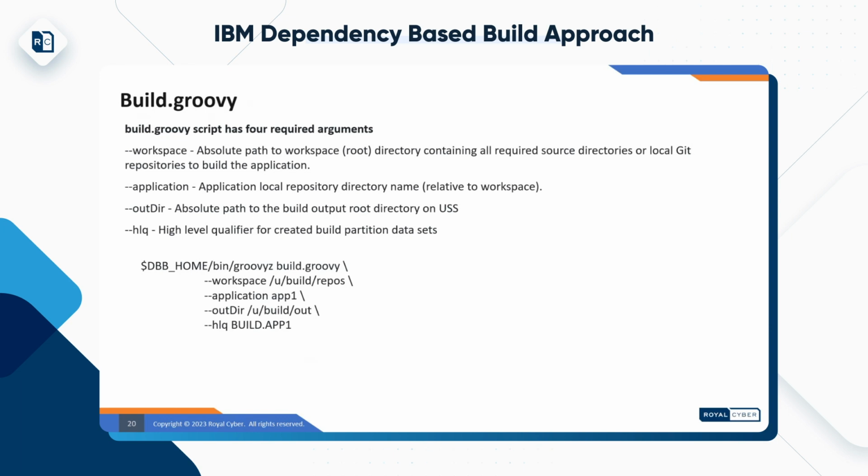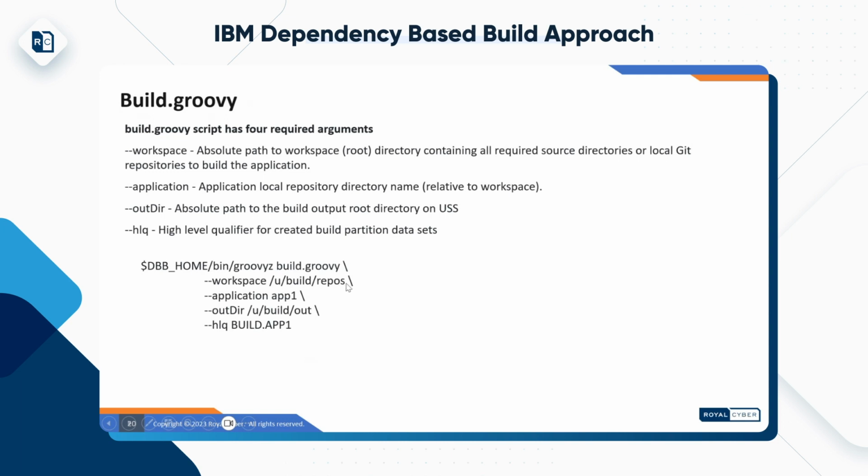To invoke this, it typically requires 4 arguments or 4 parameters. So I'm invoking my script from your bin directory, and it has 4 arguments. One is your workspace location where your source programs are kept, your repository for your source programs.